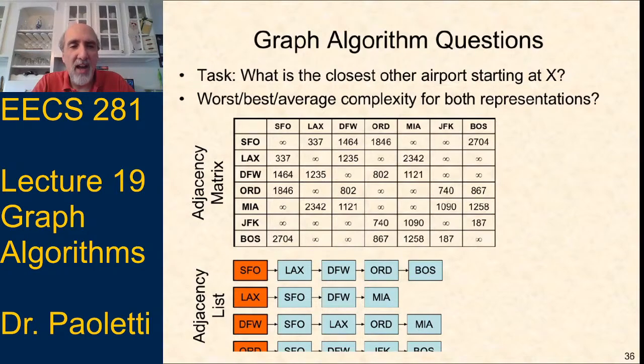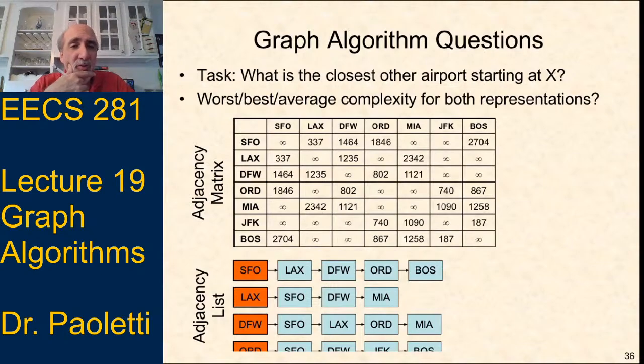So if we've got our different representations, we want the worst case, best case, average case complexity. If I've got an adjacency matrix, then if I want to determine the closest one to SFO or MIA, I would still have to check the whole row. I wouldn't know if the 337 is the cheapest one in the SFO row until I traverse the whole row.